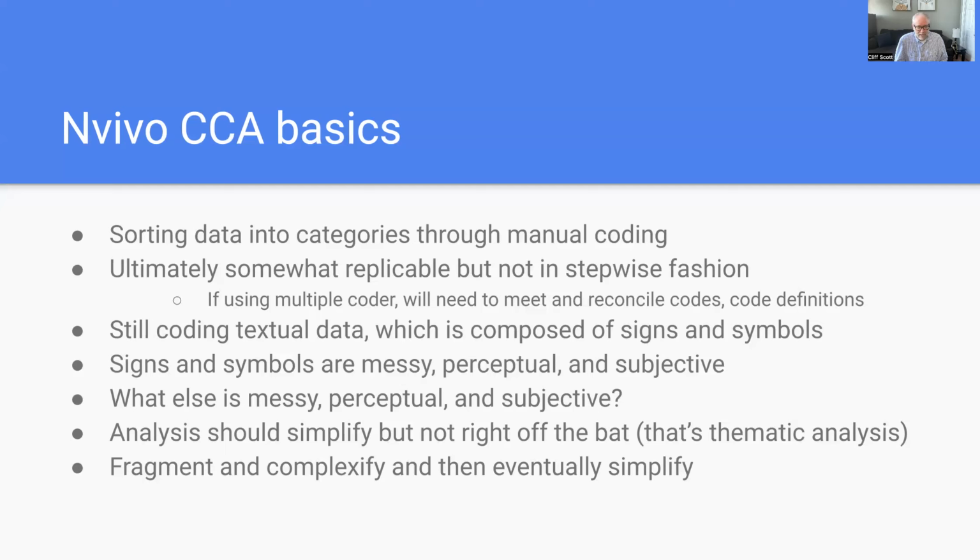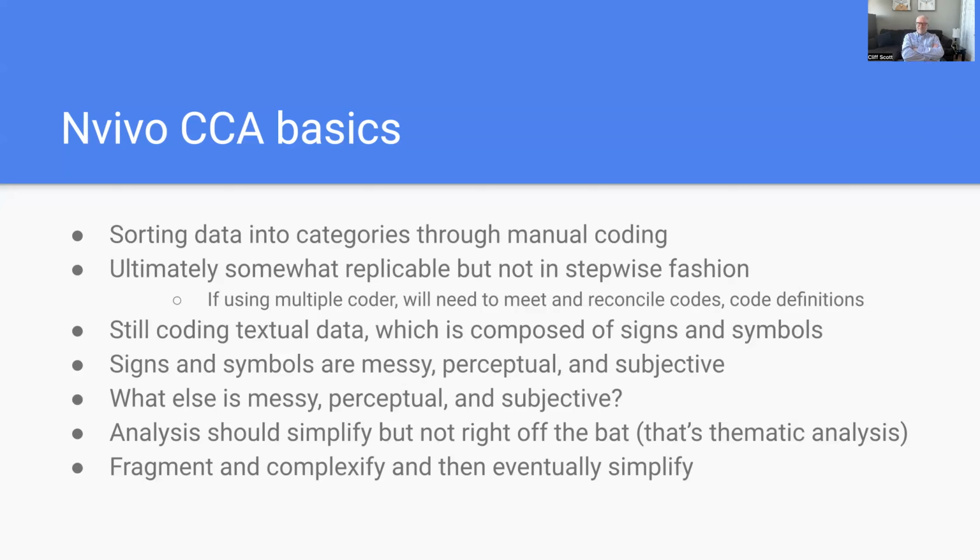Another important thing to remember, and this is part of why it's difficult to replicate this kind of analysis in a traditional deductive social scientific sense, is, what are you coding? You're coding symbols that people have used during an interview, or that you have observed them using during observation or participant observation, or that you have observed in the documents they generate in an organization or a team or something like that.